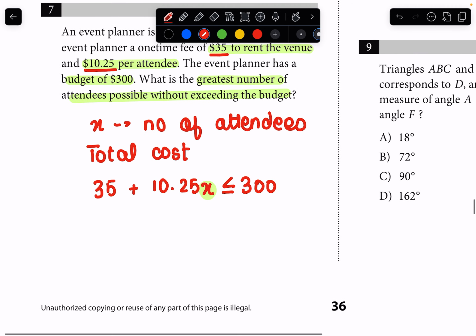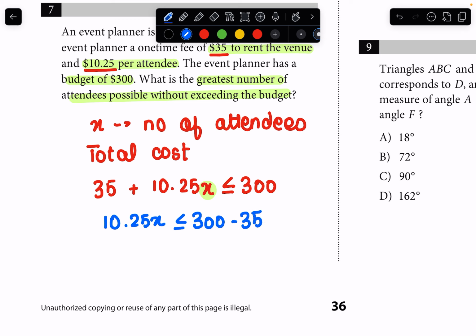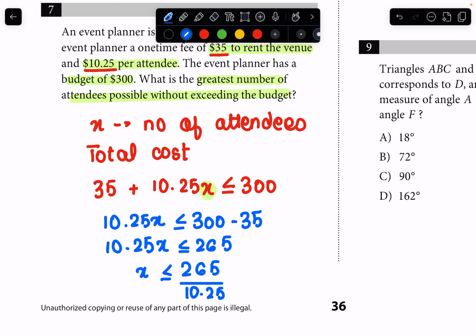In here we can solve it by saying that 10.25x is less than or equal to 300 minus 35, that should be 265, and we have to make x our subject, so we can say x is less than or equal to 265 divided by 10.25, which should get a total of approximately 25.85.